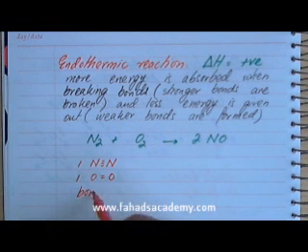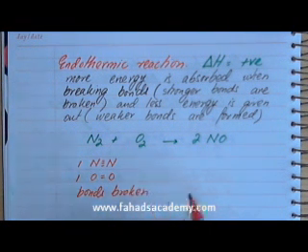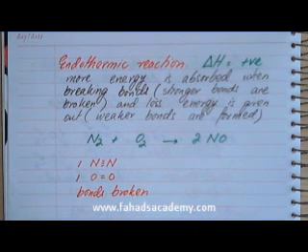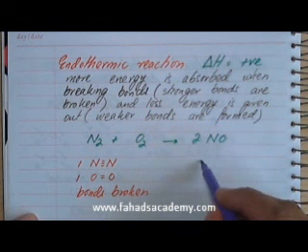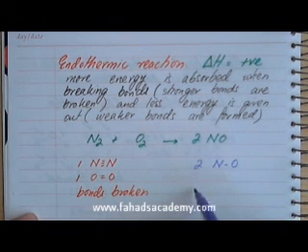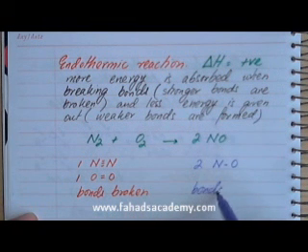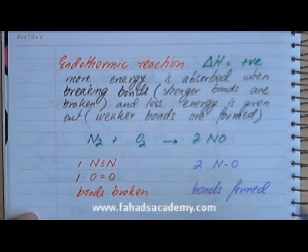So these are the bonds that are broken in this reaction, and the bonds that are being formed are the two nitrogen oxygen bonds. So these are the bonds that are formed in this reaction.